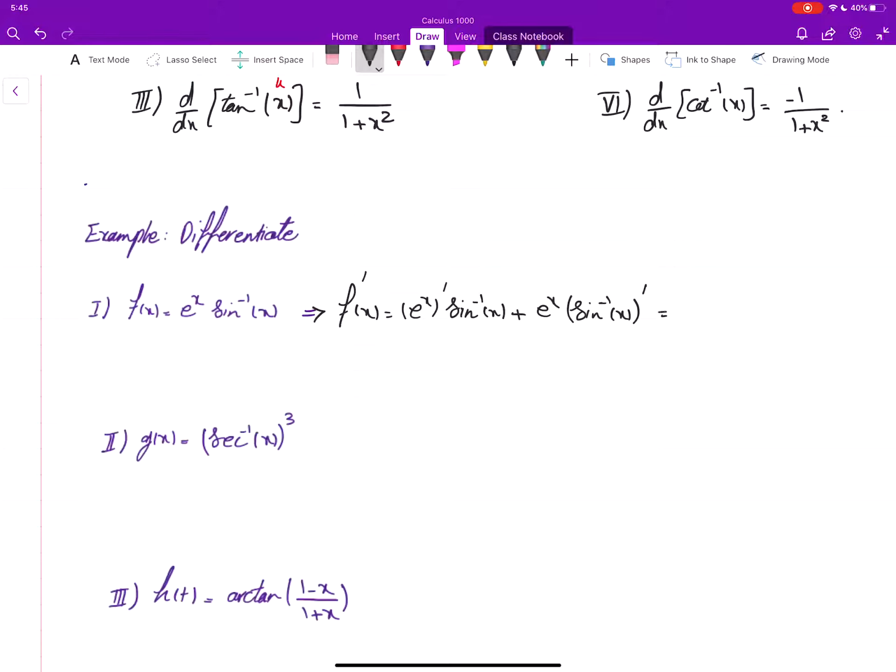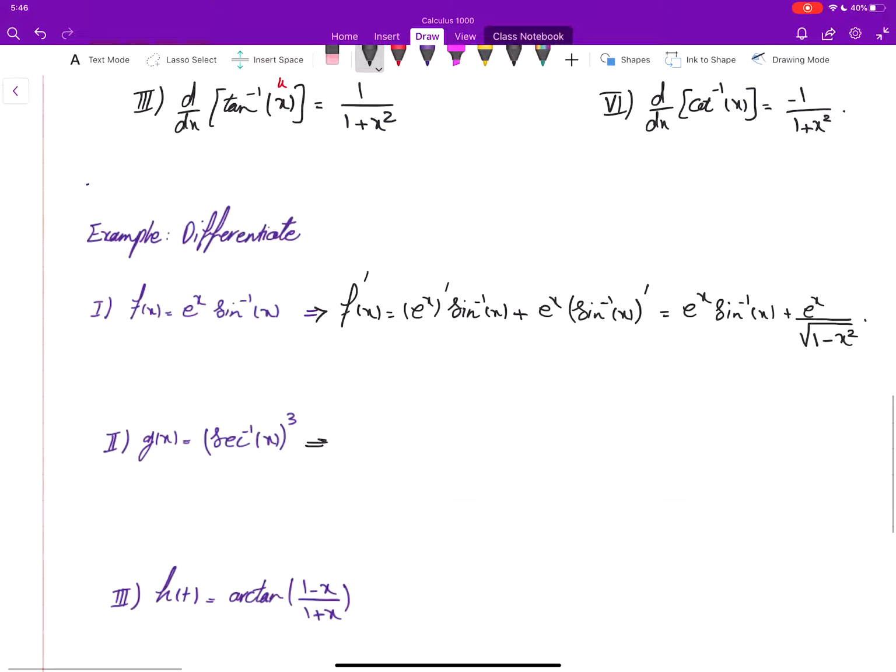The derivative of e to the power x is e to the power x. And e to the power x times the derivative of sine inverse, which is 1 over the square root of 1 minus x squared, gives e to the power x over the square root of 1 minus x squared.